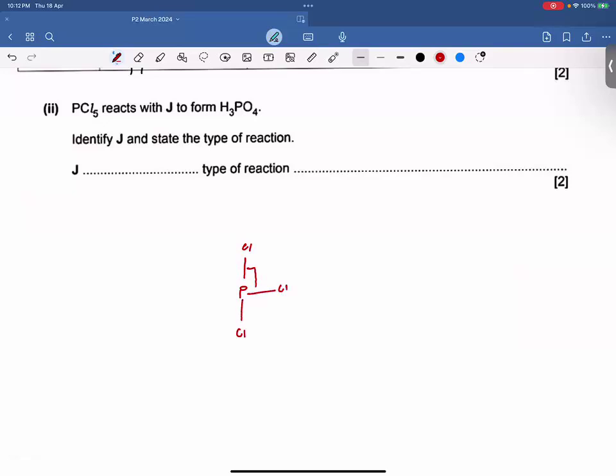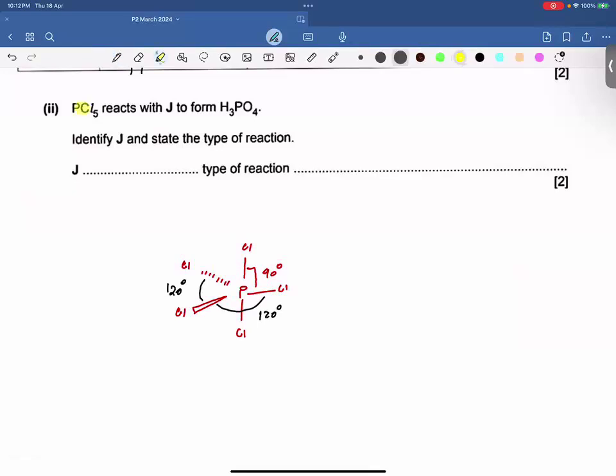So this is going to be the 90 degree angle. Behind the plane, represented by a dotted line. And this one shows out of the plane, represented by this. And guys, from here to here, the angle is 120 degrees. From here to here, the angle is again 120 degrees. Okay. So that was the structure, trigonal bipyramidal.